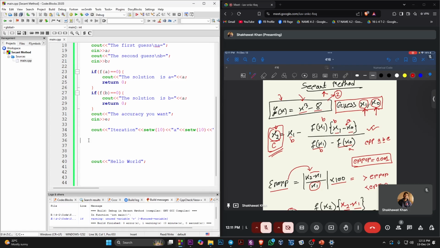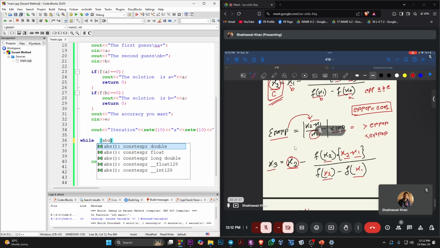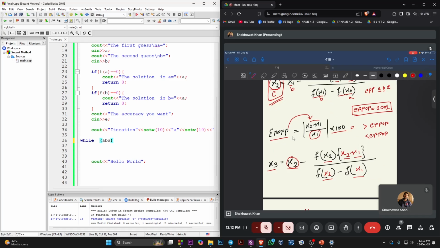So before diving into the evaluation process, I have to declare this while loop here. What would be my while loop? My while loop would be something like this. I take the absolute of my error. Just have a look on that. My error value is x2 minus x1 divided by x1.